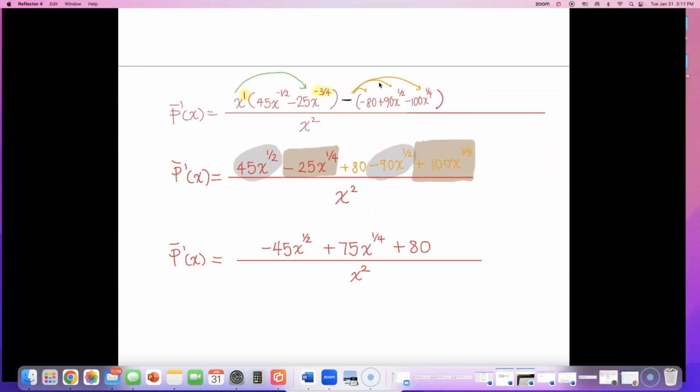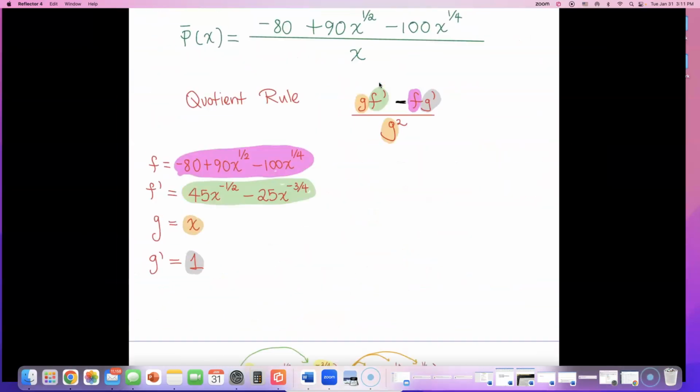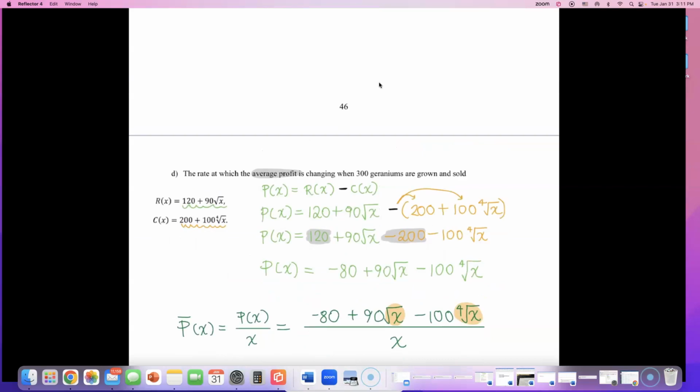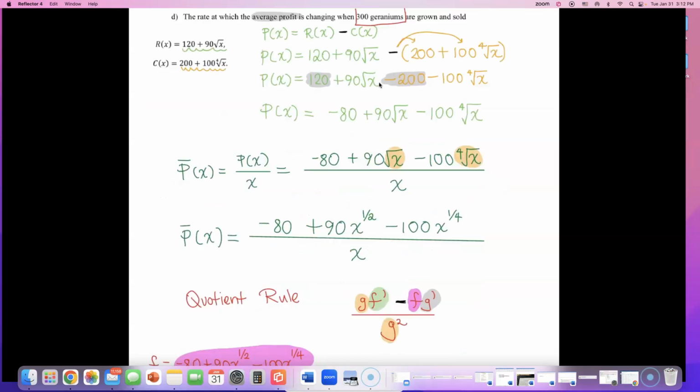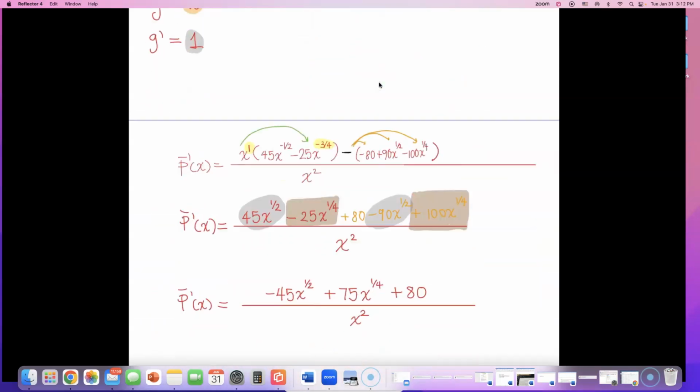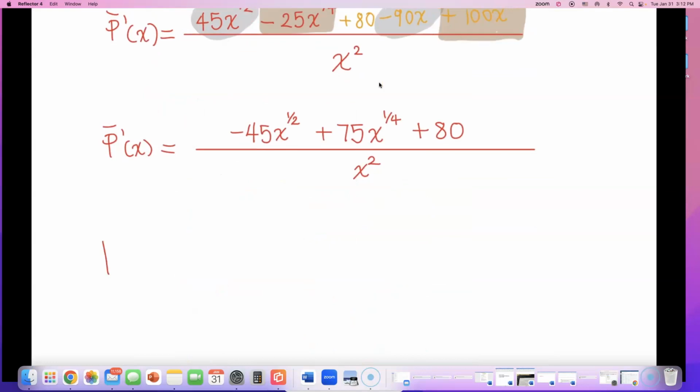If we plug in, what was the number that they wanted? 300 or 3. If we plug in 3 in there, we'll be able to find the rate at which the average profit is changing when 300 geraniums are grown and sold. So you know what, let's do that. Let's finish this up. So what's our final answer? Well, I don't know.